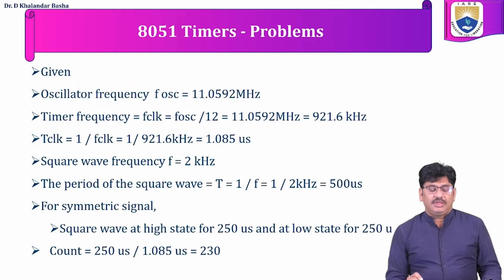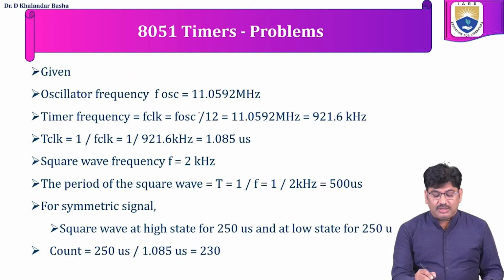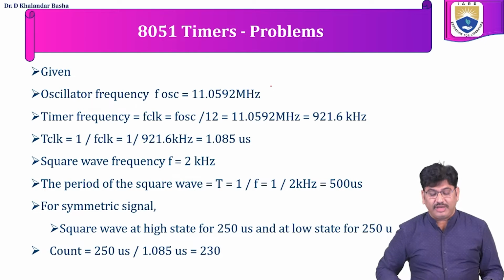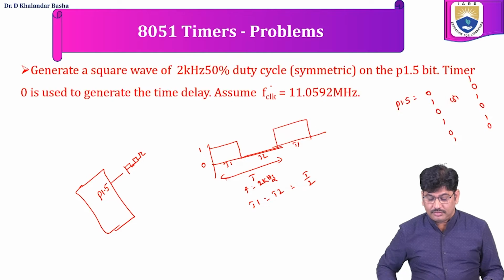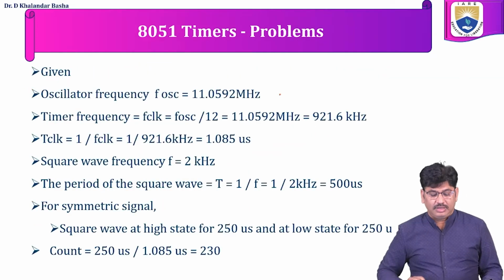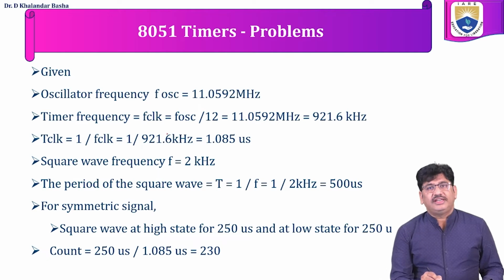So in the problem, the given oscillator frequency is 11.0592 MHz. The clock frequency is given as the oscillator frequency divided by 12, which is 11.0592 MHz divided by 12, which gives us 921.6 kHz.